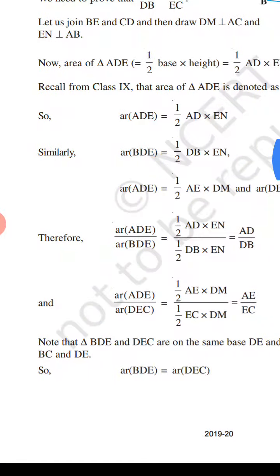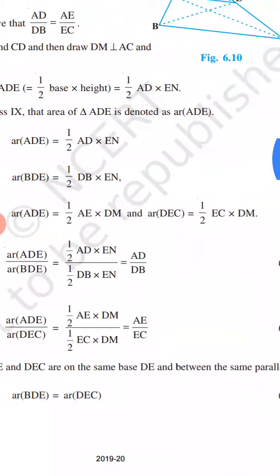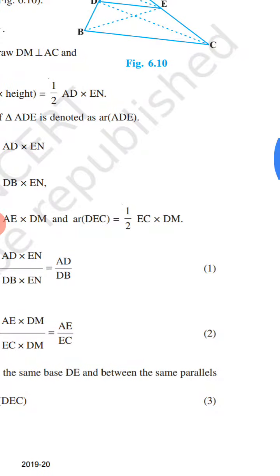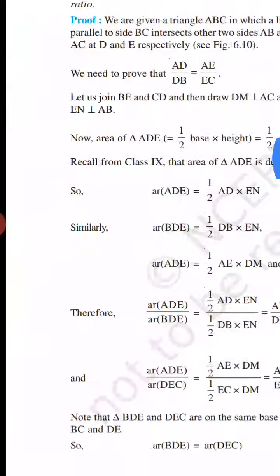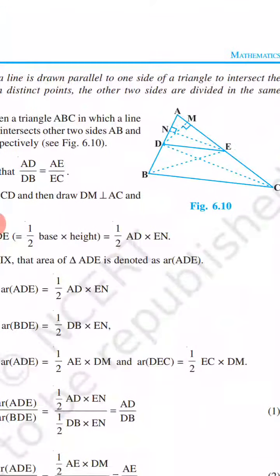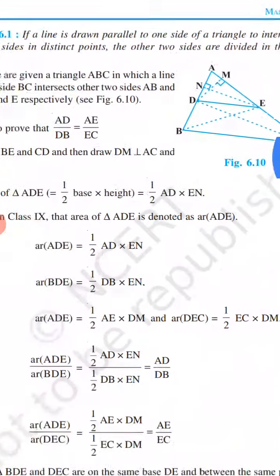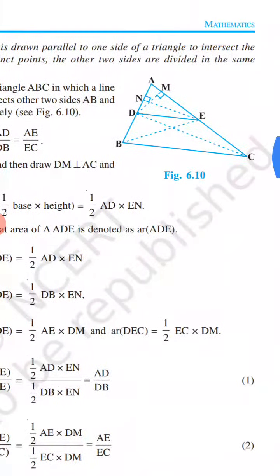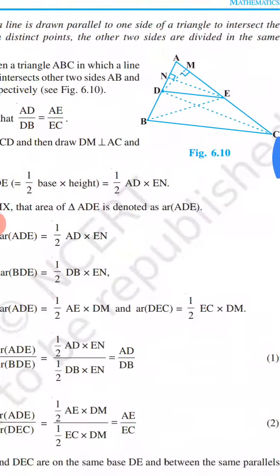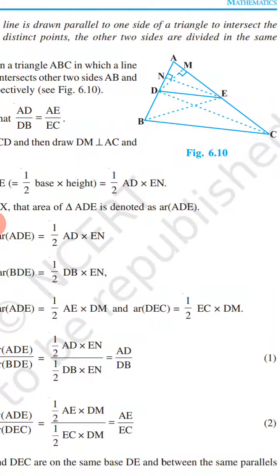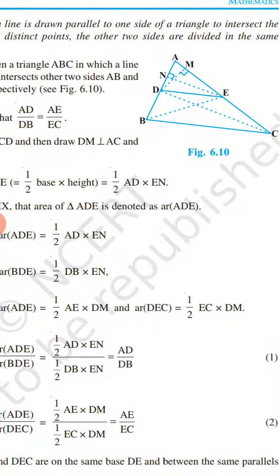Now triangle BDE and triangle DEC are on the same base DE and between same parallels DE and BC.